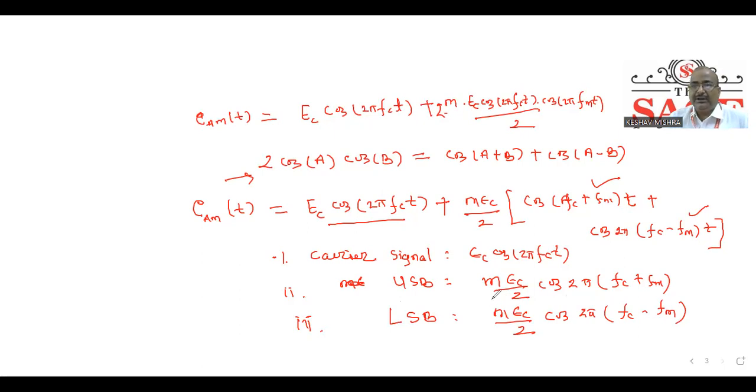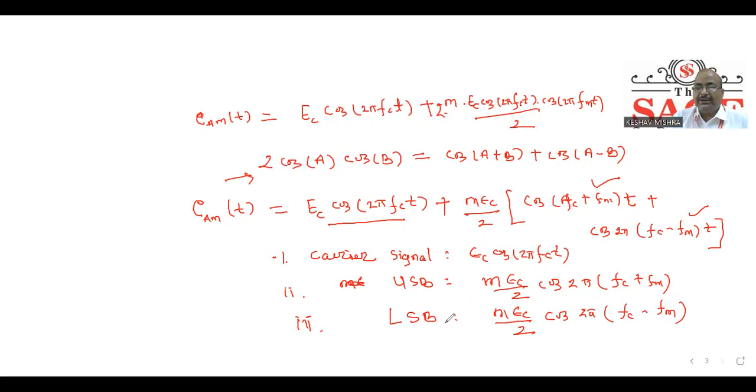So this is the analysis of the amplitude modulated wave, which consists of three components: the carrier signal, the upper sideband at fc plus fm, and the lower sideband.